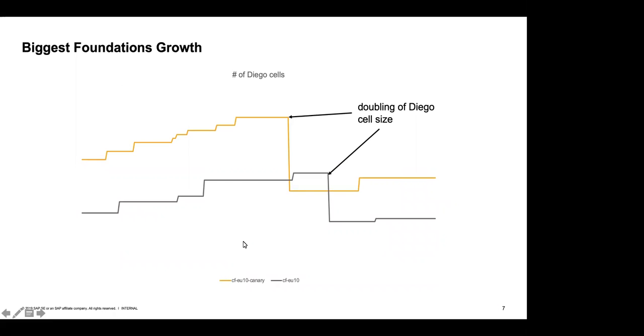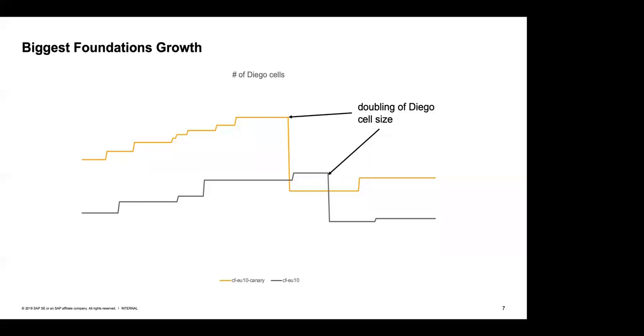Then just to mention one topic that, as I said earlier, we have seen: a number of Diego cells is something that moves Cloud Foundry foundations into a critical state.